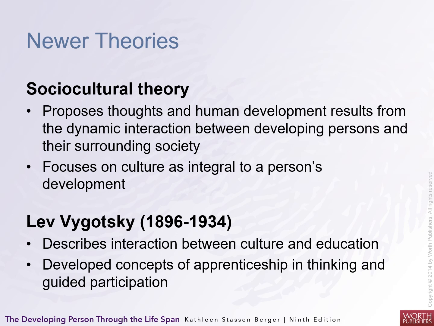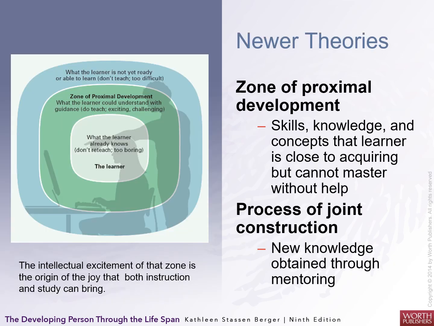Speaking of Vygotsky, remember he talked about the interaction between culture and education, that our culture basically teaches us how to be citizens in whatever culture we live in, and really that we do apprenticeships in how to learn how to think. He talked about zones of proximal development, that we learn skills, knowledge, and concepts that the learner is close to acquiring but cannot master without help.